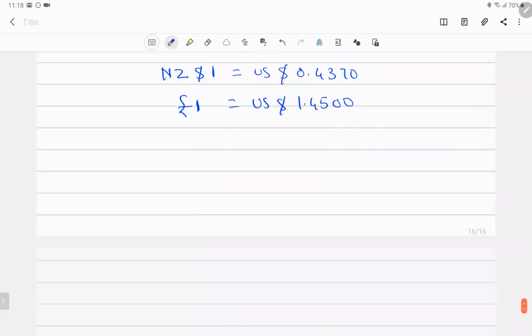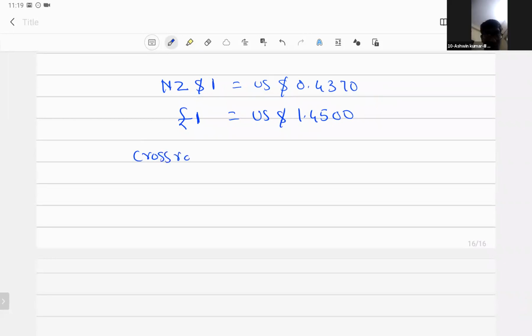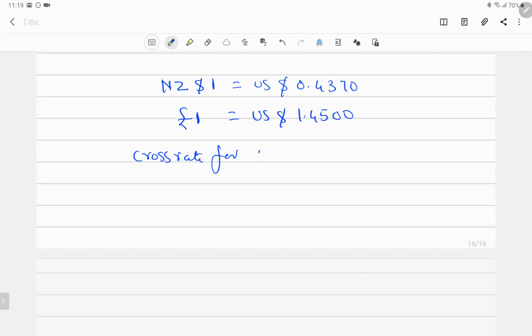We have to find the cross rate for New Zealand dollar in terms of pounds.